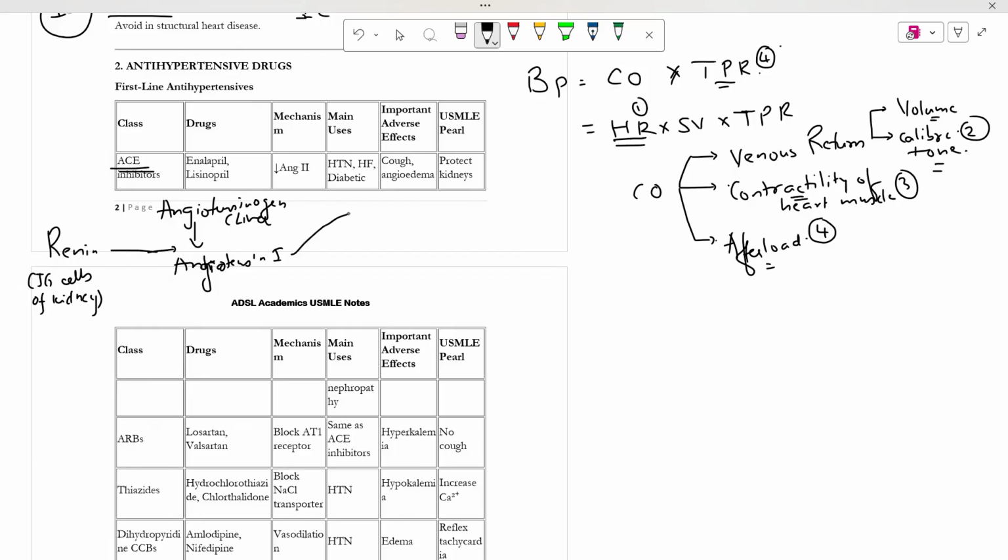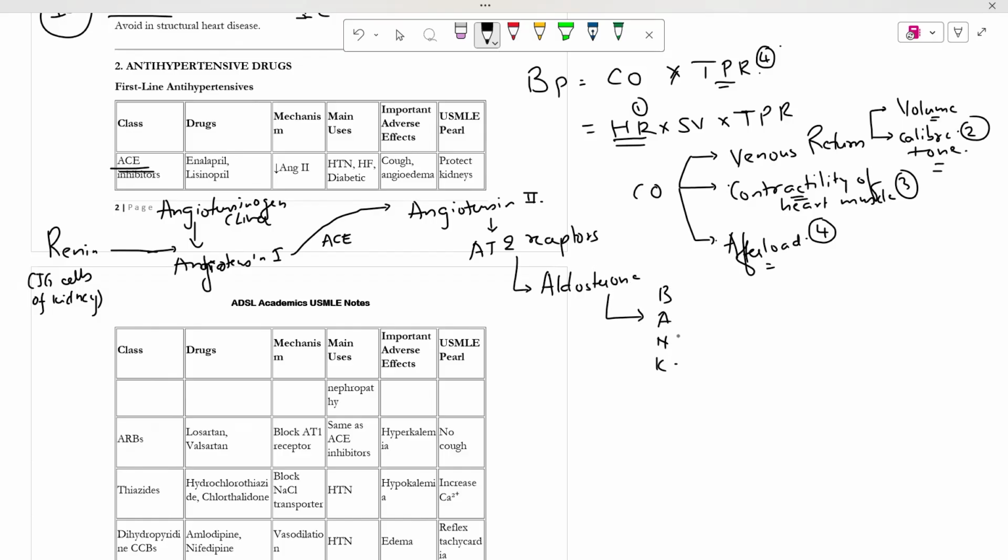Now, angiotensin 1 goes to the lungs and is converted into angiotensin 2 by an enzyme called angiotensin converting enzyme. This acts on the angiotensin 2 receptors and stimulates aldosterone. And aldosterone, what does it cause? Aldosterone will cause increased BP, alkalosis, increased sodium, and decreased potassium.